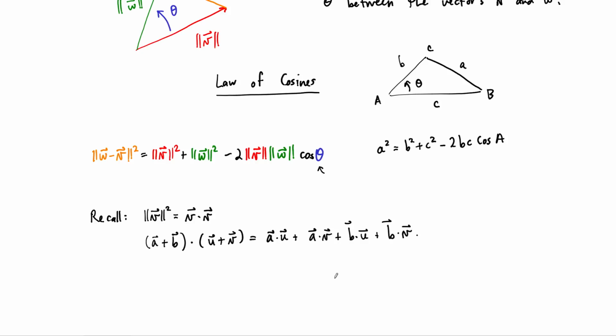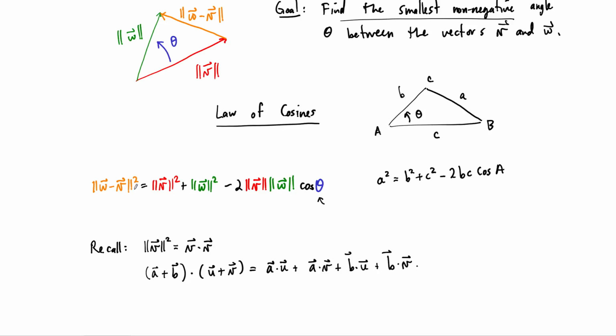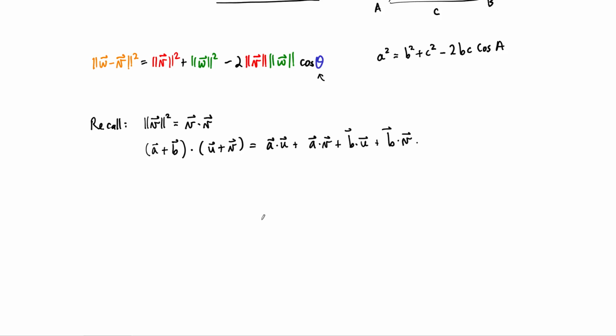All right, so let's use both of these ideas to work this out. It's not going to look simpler, but we're going to expand this term right here. So we'll say now this w minus v, quantity squared, is the same as w minus v dot product with itself, right?